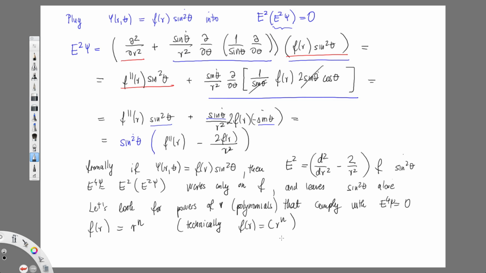Then my f prime of r is n r to the n minus 1. F double prime of r is n minus 1 times n times r to the n minus 2.